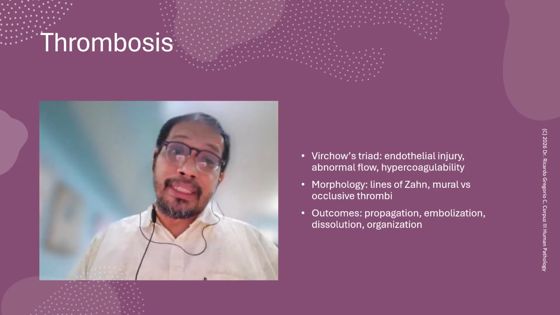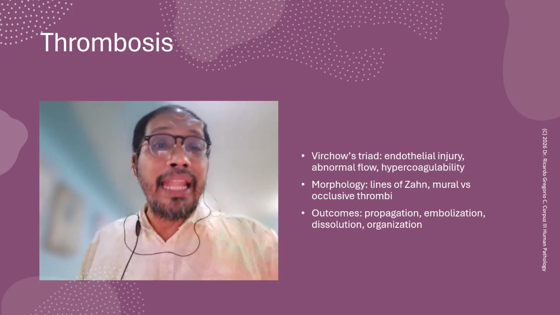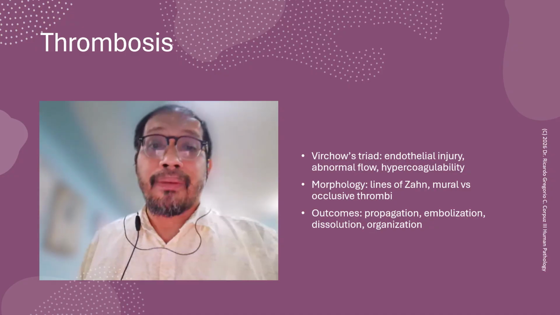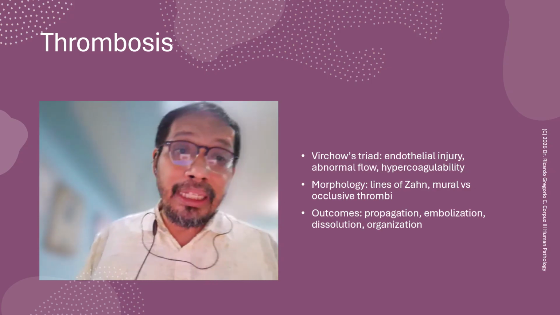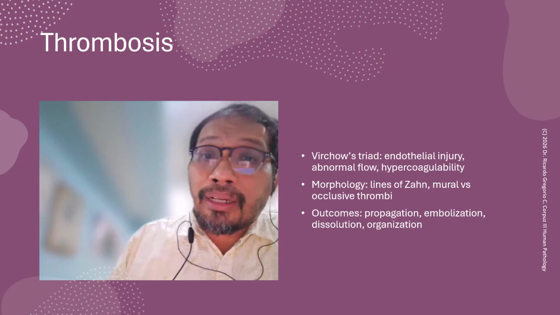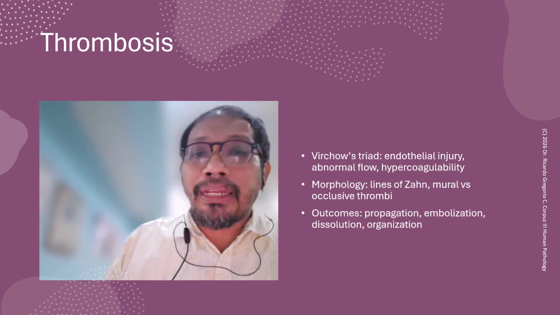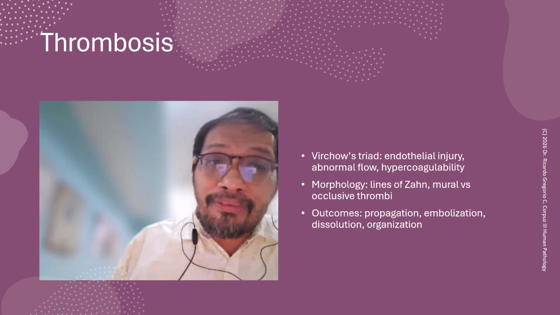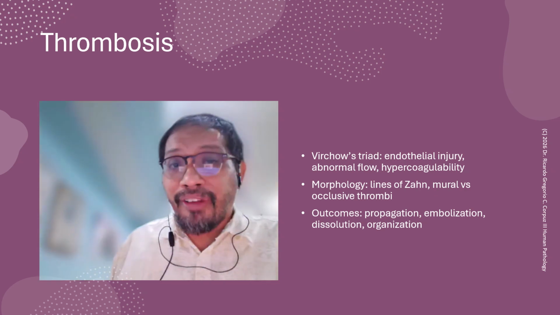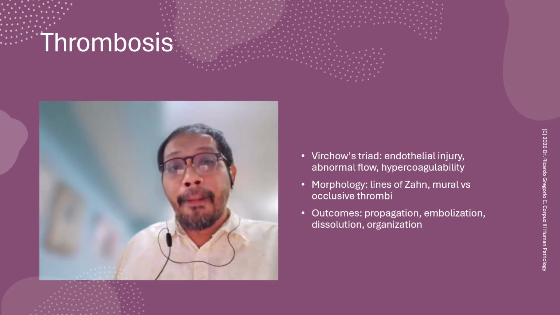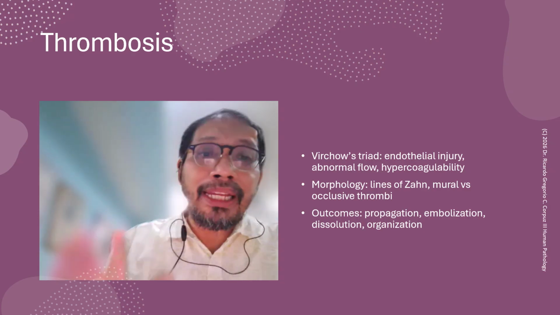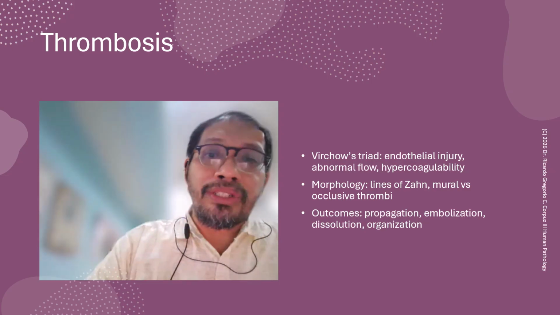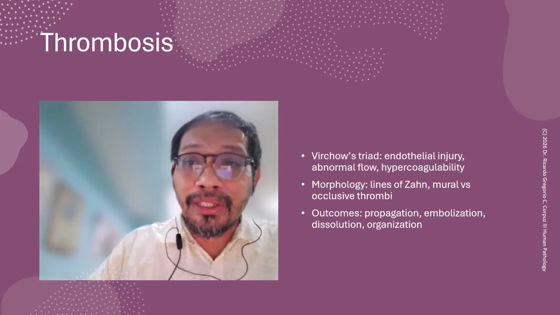Abnormal flow, either stasis or turbulence, disrupts laminar movement of blood, bringing platelets into contact with endothelium and preventing the dilution of activated clotting factors. Hypercoagulability reflects an inherited or acquired tendency towards excessive clot formation, such as factor V Leiden or malignancy. These three elements interact, and most clinically significant thrombi arise from a combination rather than a single isolated defect.